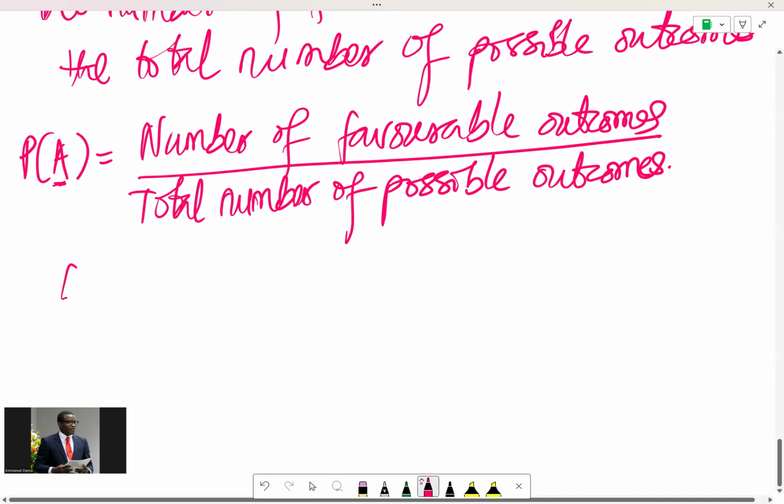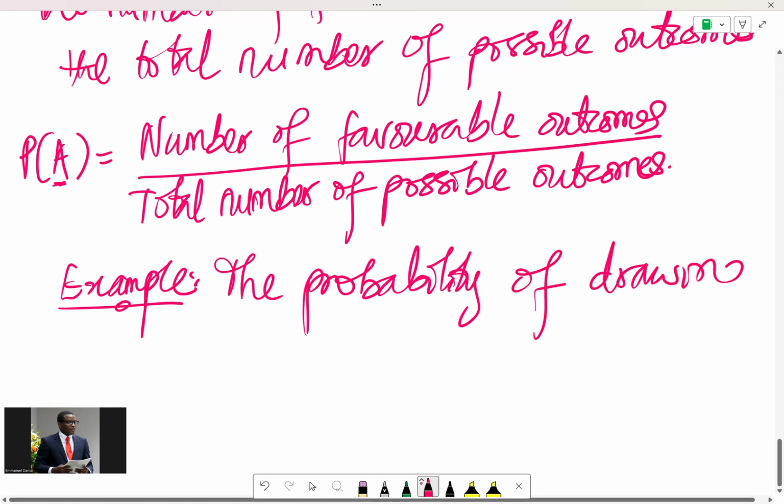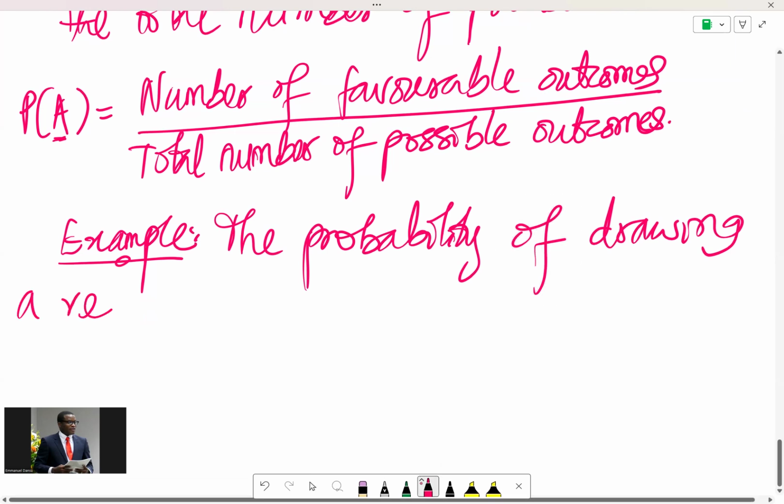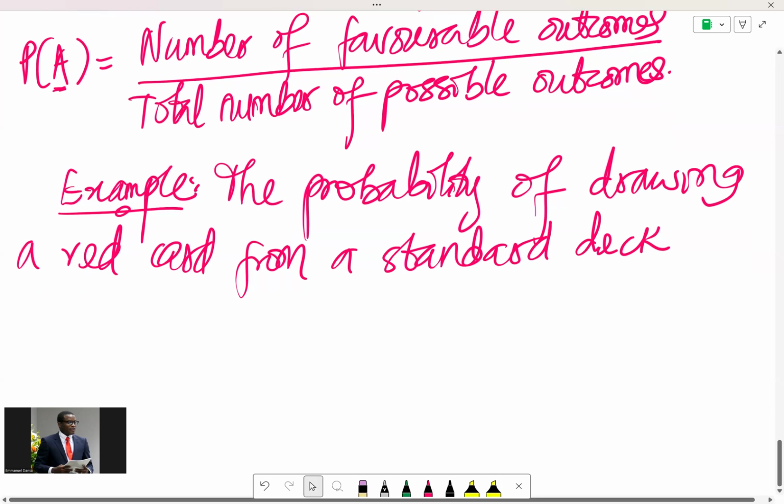If we take this example, the probability of drawing a red card from a standard deck. The word standard is important because some cards may have other specifications, but the well-known deck is 52 cards.